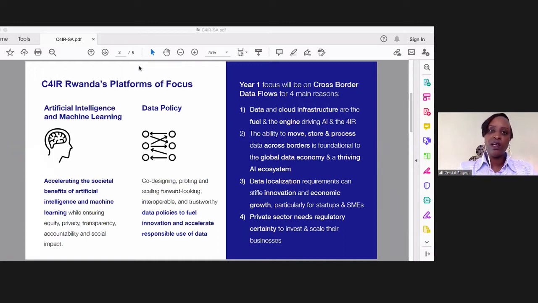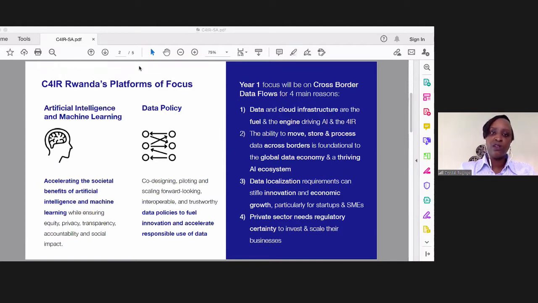And what became very clear early on is that before we can even talk about harnessing the potential of AI and other data-intensive technologies of the Fourth Industrial Revolution, we must first enable the free flow of data, and of course, keeping in mind the appropriate backstops that need to be in place to protect the privacy and the security of our citizens.